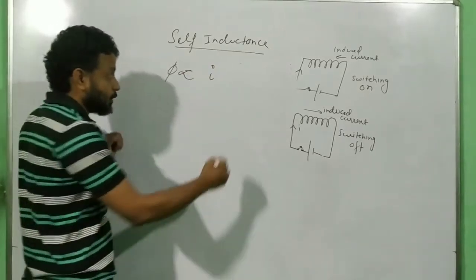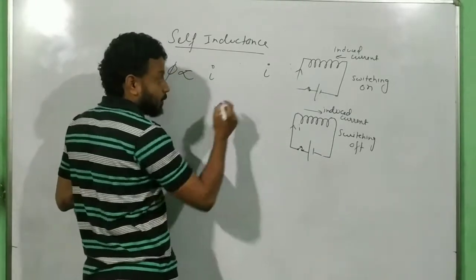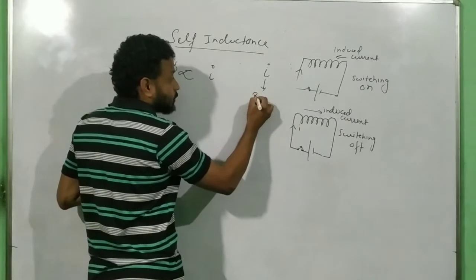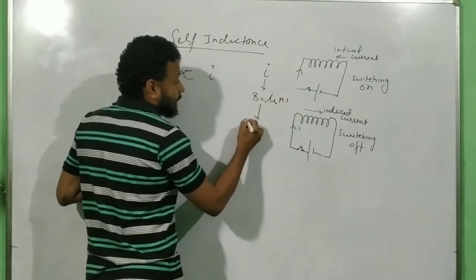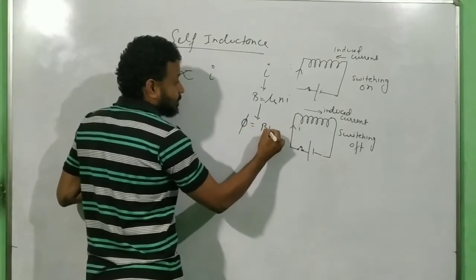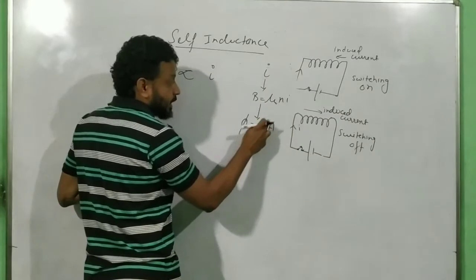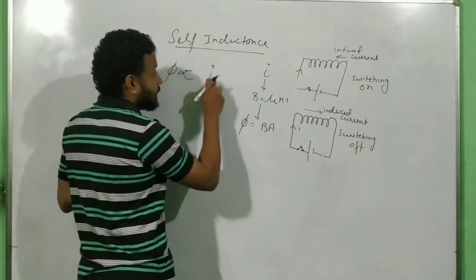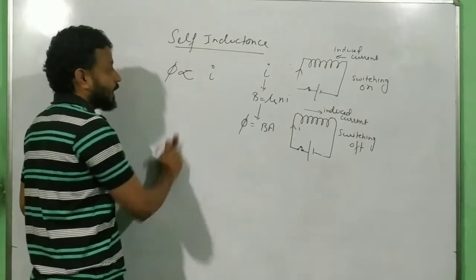Why? Because I told you it is the main current which we are going to provide that will create a field in the solenoid whose formula is mu naught times n i, that will create a flux which will be equal to field multiplied by area. Remember, flux contains field, field contains I. So I can say that the flux is directly proportional to I.